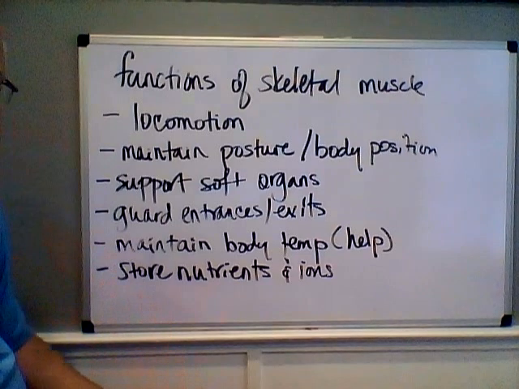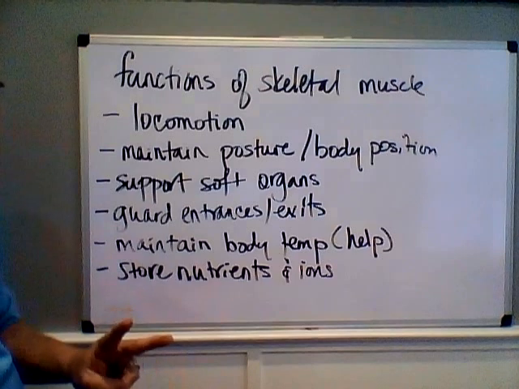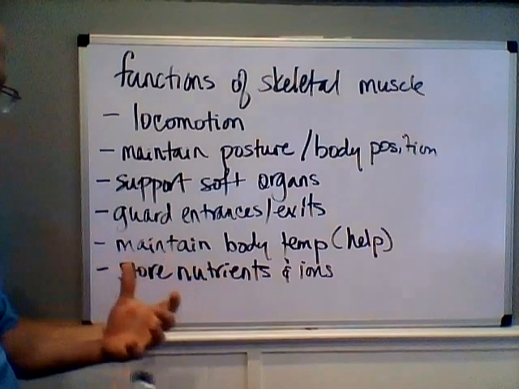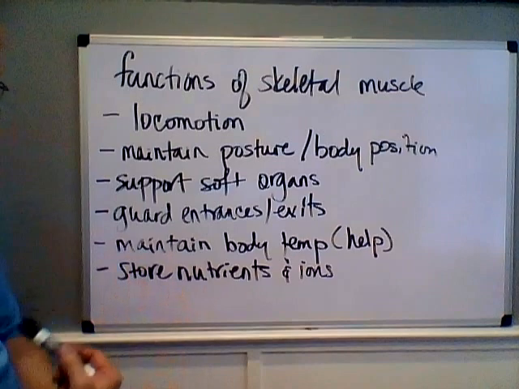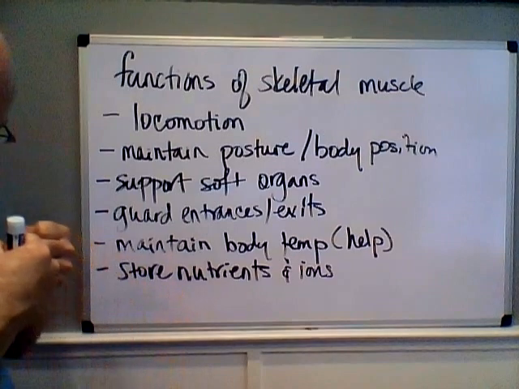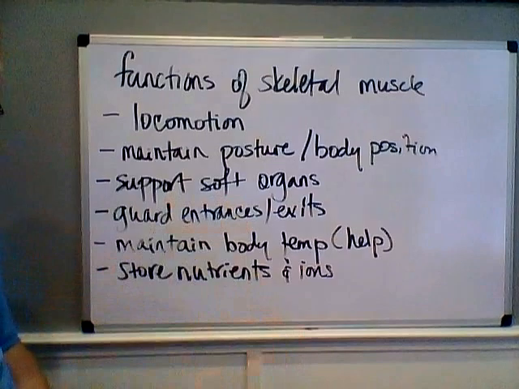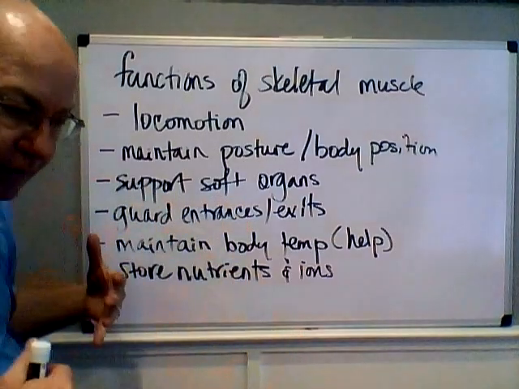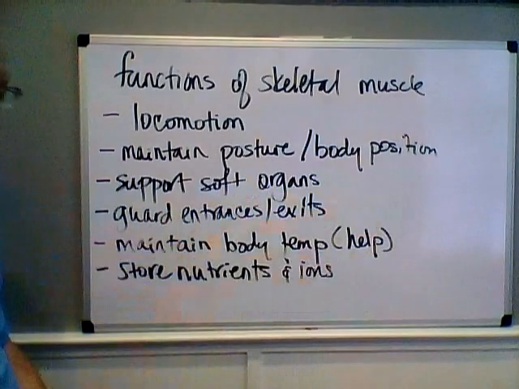It's as if somebody gave you too much money and you put some in savings. The way we store sugar is called glycogen, and we store it in two major places, the liver and skeletal muscle. So skeletal muscle has its own energy reserves: we can break down that glycogen and release the sugar so the muscle can keep functioning until our heart can start delivering more oxygen and glucose.